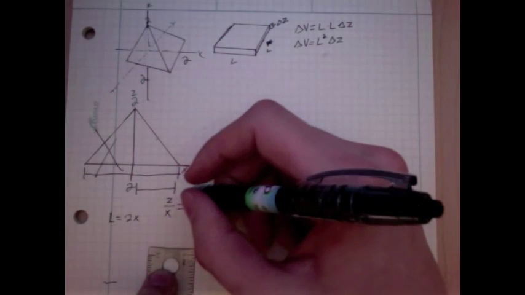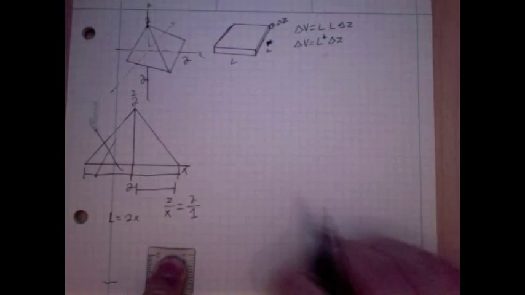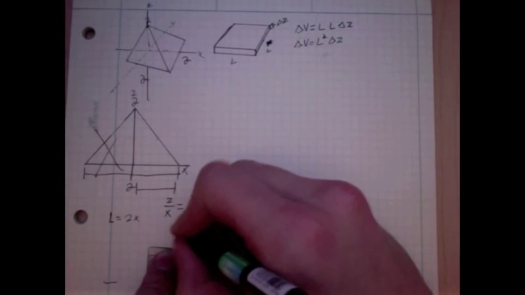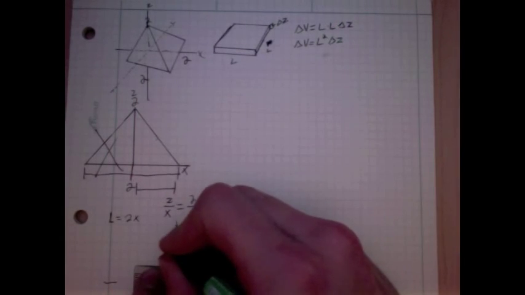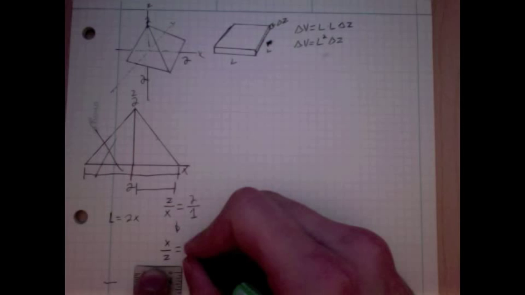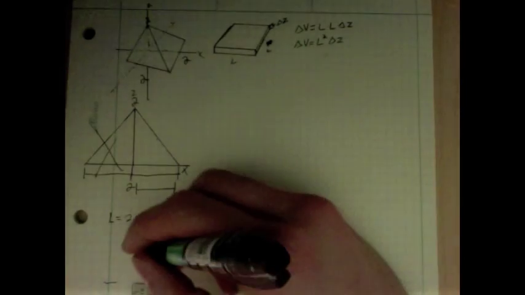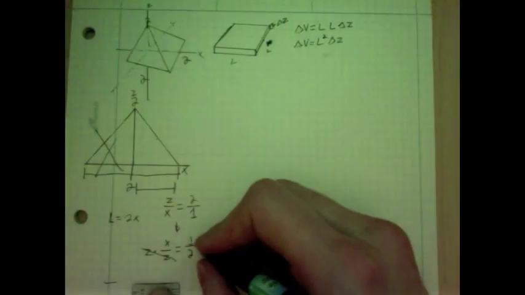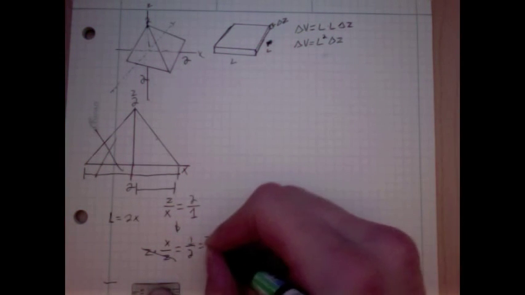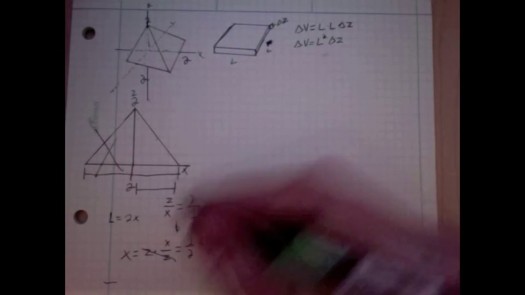So if we're looking for length in terms of Z, what we can do is flip this. I mean, we don't have to, it just makes it easier to illustrate. So x is equal to 1/2 multiplied by Z. Then we get Z over 2 is equal to x.